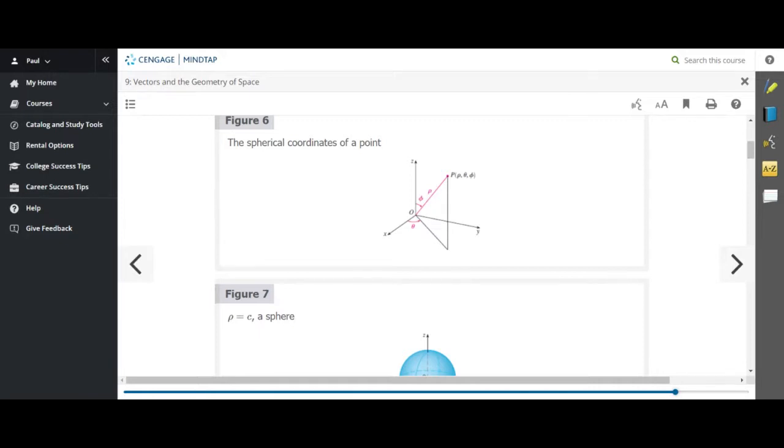You think of holding a line segment, rotating it some angle theta in the xy plane, and then positioning it so it's phi radians down from the positive z-axis. And then you move out a radius rho, and that's called a spherical coordinate.